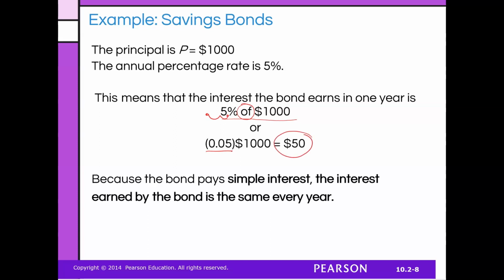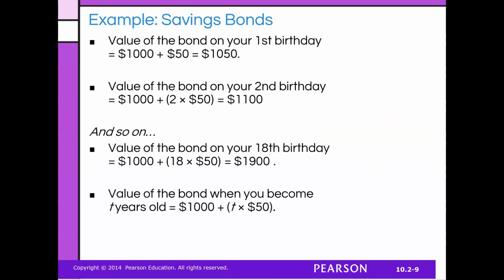Now, because it's simple interest, the interest earned by the bond is the same every year. So that's really the main difference between simple and compound. So the value of the bond on your first birthday is the principal plus 1 year of interest. On the second birthday, it's the principal plus 2 years of interest. So on your 18th birthday, it's the principal plus 18 years of interest.